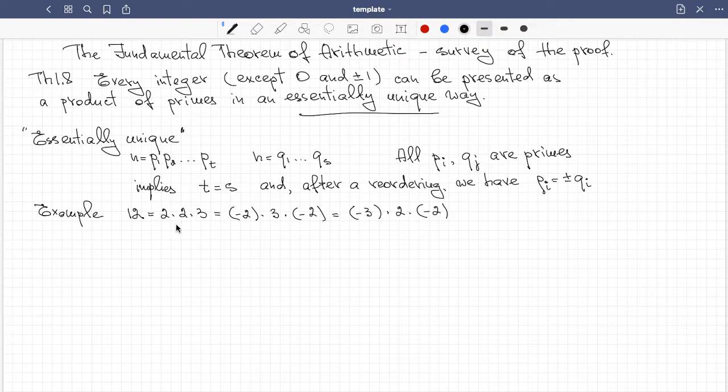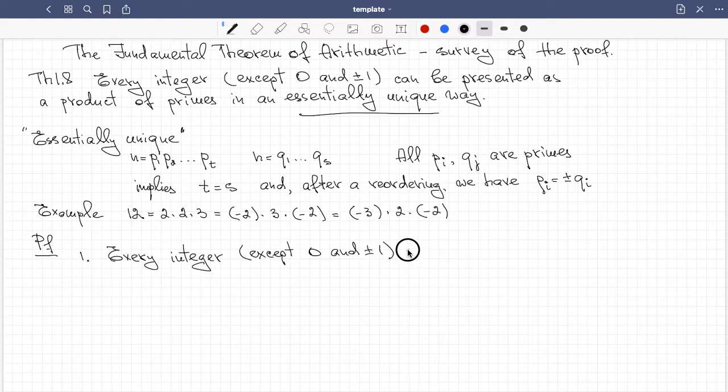So for the proof, we need, first, every integer except 0 and plus or minus 1 can be represented or presented this way.